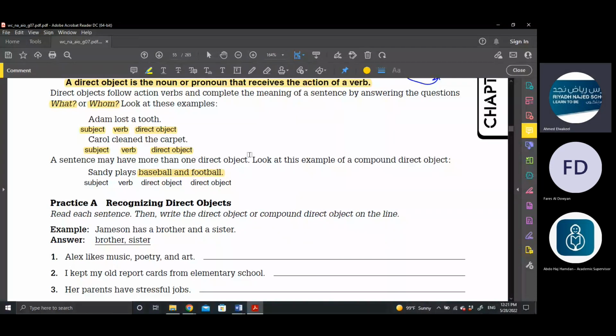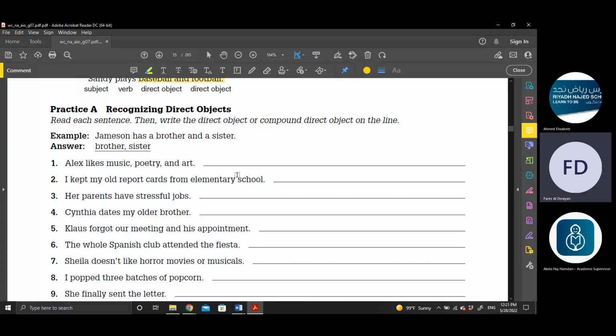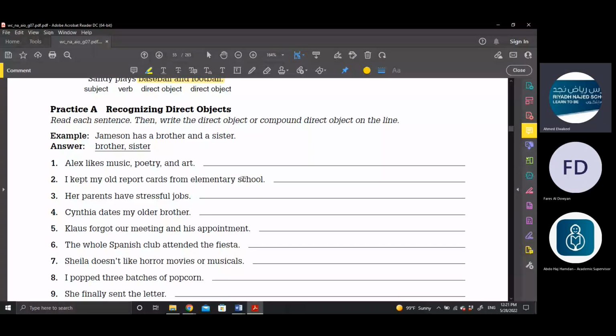Simply, we can say that the direct object could be simple, just one word, or compound, more than one: two, three, etc. For example, number one, Alex likes music, poetry, and art. What are the direct objects here? Music, poetry, and art, and that's a compound direct object.